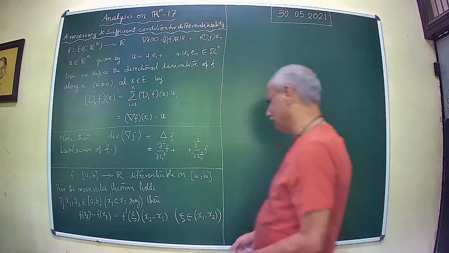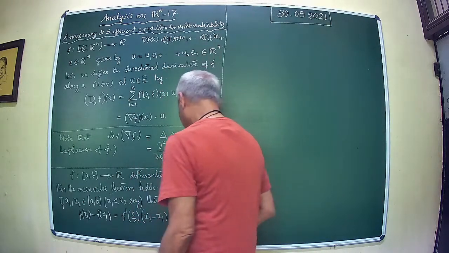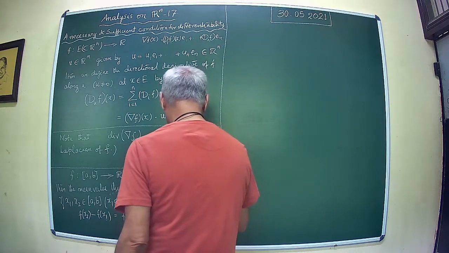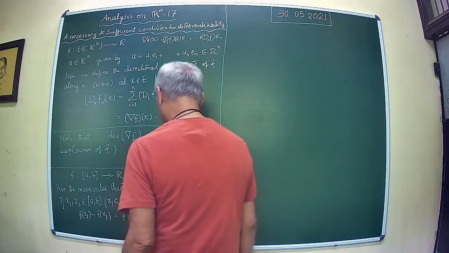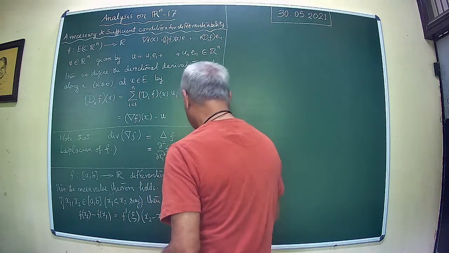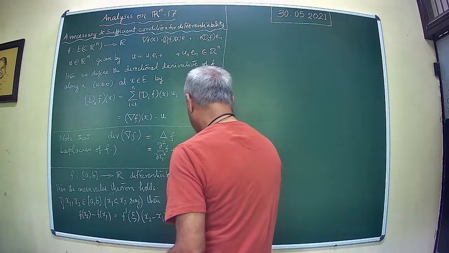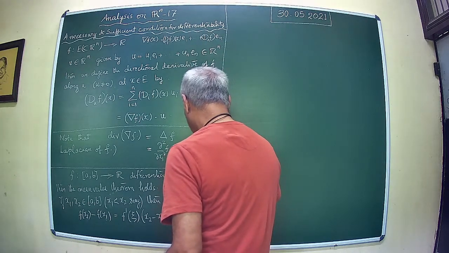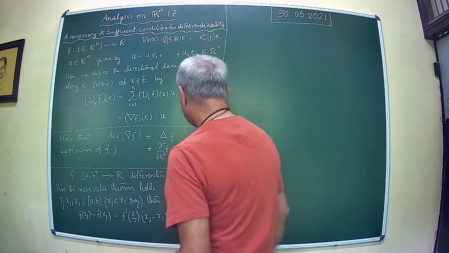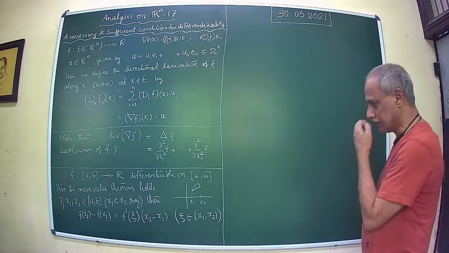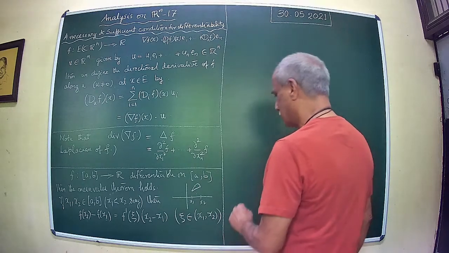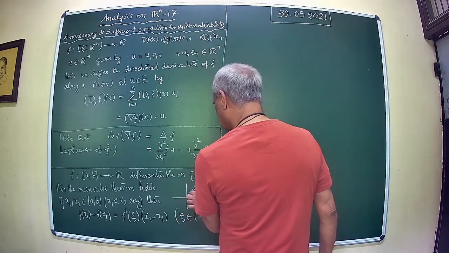Now geometrically this simply means the following. If you take R2 and suppose this is x1, this is x2, and suppose the graph of the function is something like this. Then f(x2) minus f(x1) divided by x2 minus x1 is the slope of this line.